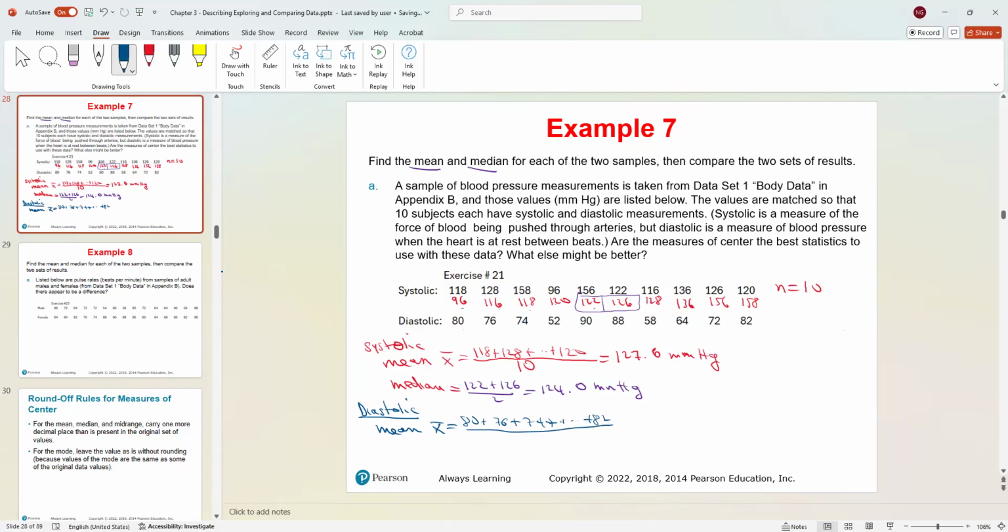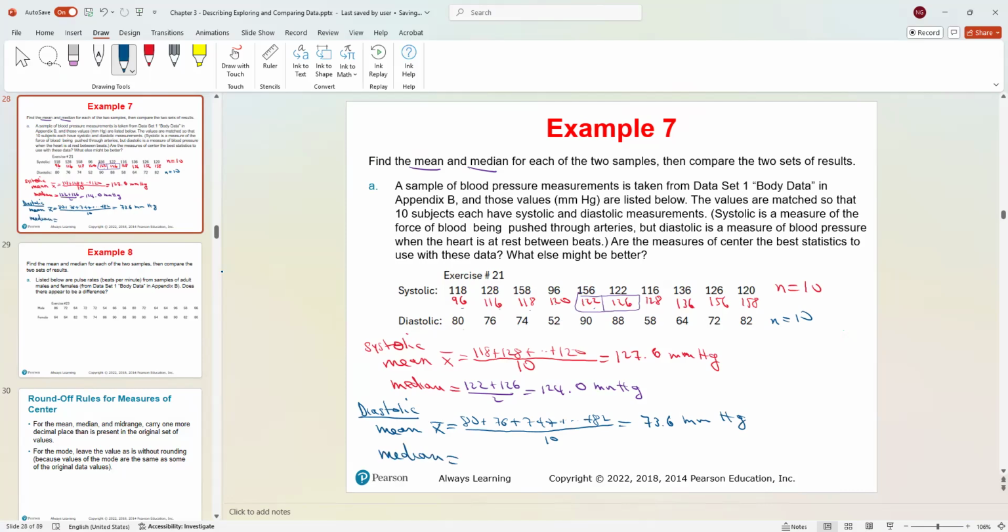Again, what is n in this data set? n also is 10, so we divide by 10. Now we end up with the diastolic mean of 73.6 mmHg.